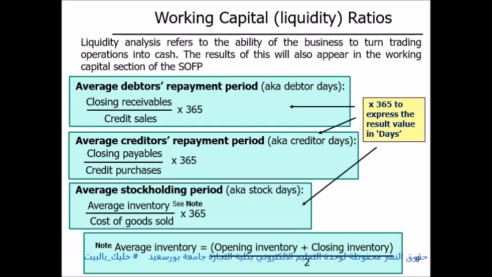The last one, average stock holding period, also known as stock days, is equal to average inventory divided by cost of goods sold multiplied by 365. The average inventory is equal to opening inventory plus closing inventory divided by 2.